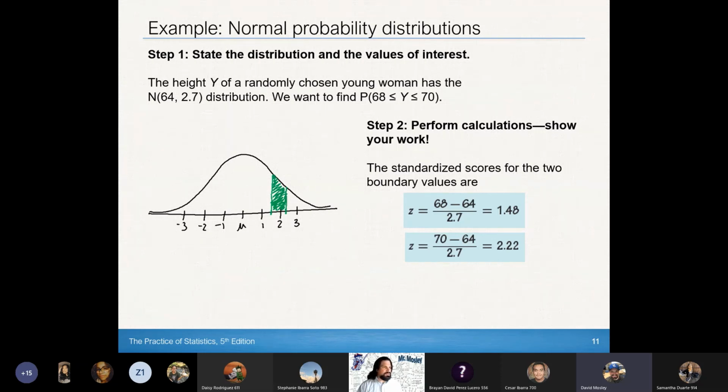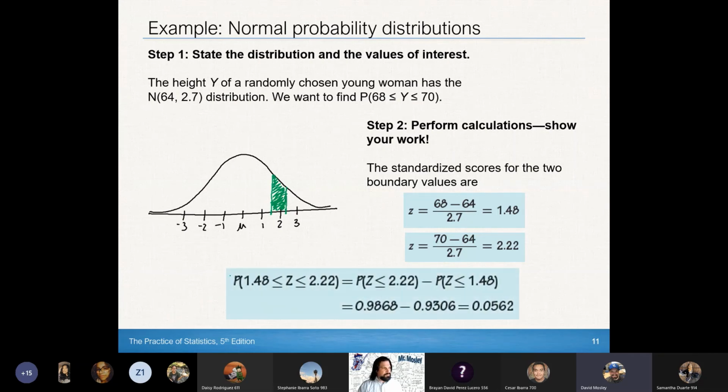So the next step, if we want to find the probability of z being greater than or equal to 1.48, to the right of 1.48, and less than or equal to 2.22, to the left of 2.22, so that's our shaded area, then we have to take the probability of z being less than or equal to 2.22 and subtract the probability of z being less than or equal to 1.48.